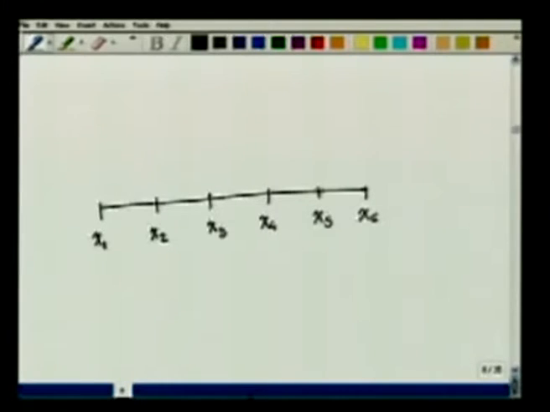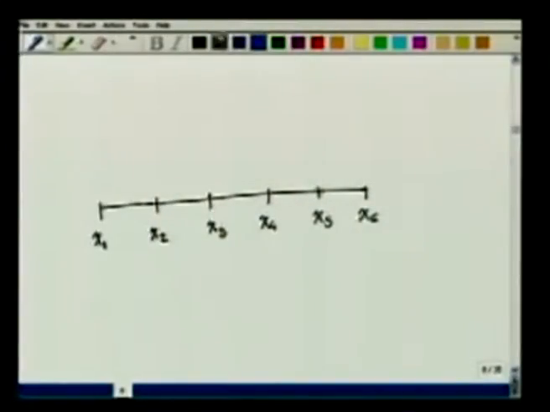Now for this mesh, if you remember, in the last class we had introduced these functions phi, which were defined with respect to points. So here again we are going to define these functions phi.